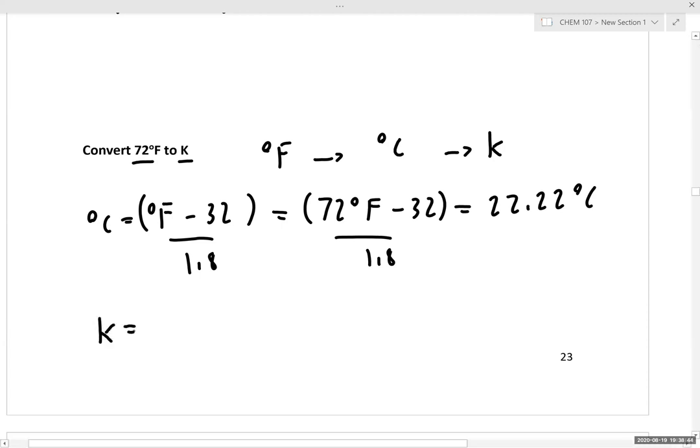And for Kelvin, it's equal to degrees Celsius plus 273.15. So we have 22.22 plus 273.15.